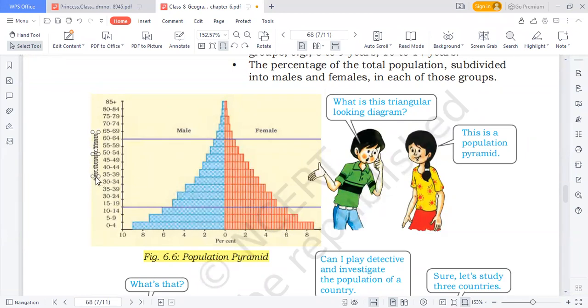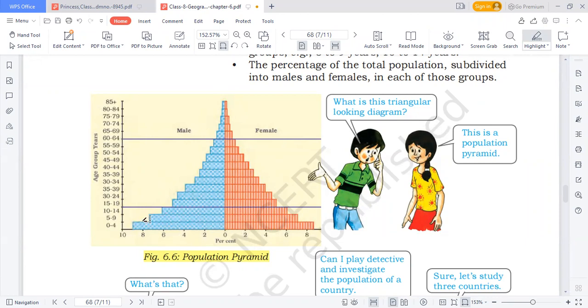For the 0 to 4 age group, the bar is longer on both sides, males and females.